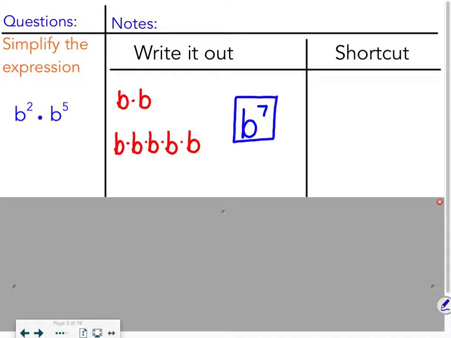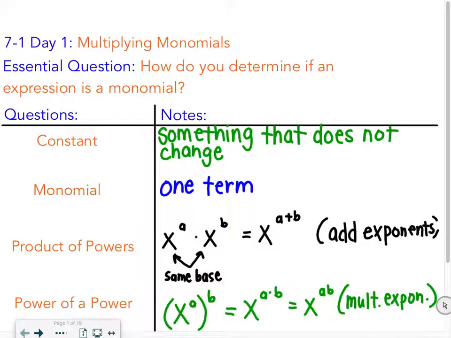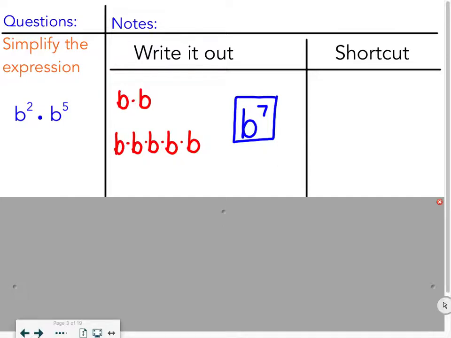If I do the shortcut, this is referring to product of powers, where I have the same variable b, but with 2 different exponents, so we're going to add the exponents. So all I would have to do is take b and then add the 2 exponents, the 2 and the 5, and I would get b to the 7th.